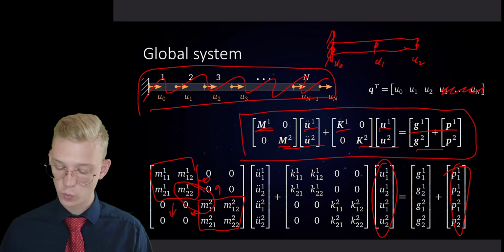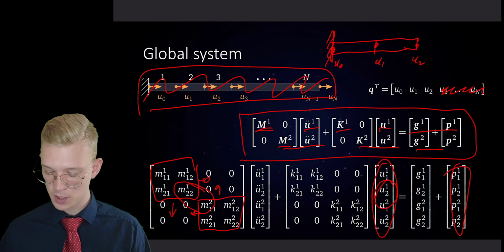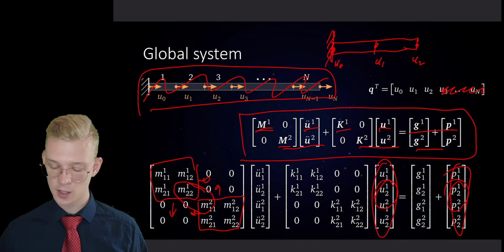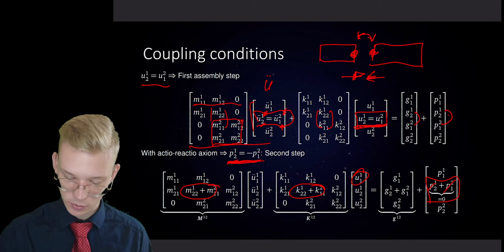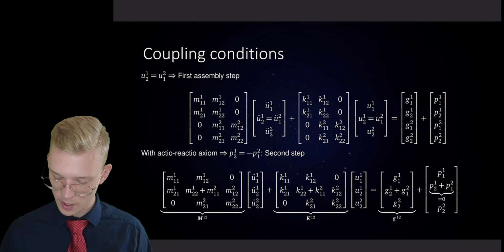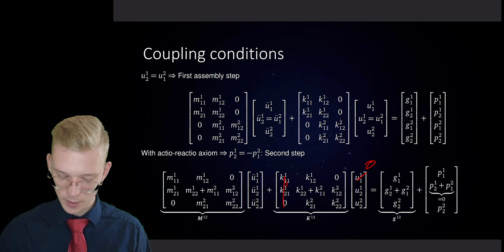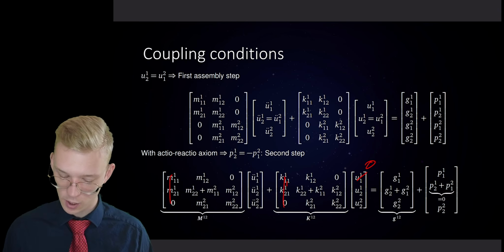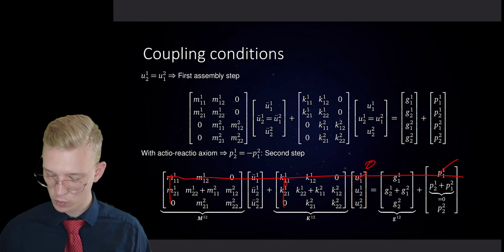Then we said, well, we know that the displacements must be equal and the reaction forces must cancel out. That's how we got to this system. Then we said, because we know that our u is 0, we can eliminate the first column and eliminate the first row, thereby eliminating our reaction force.